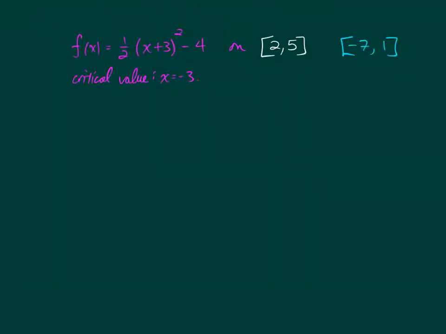All right, so here's the same exact function, and we already know what the critical value is for this function. But now I have two different intervals over here that I want to investigate. So you can see that with this first interval, we found the critical value.